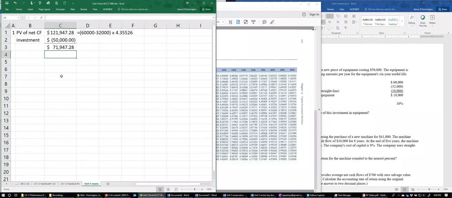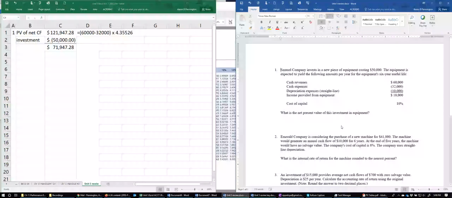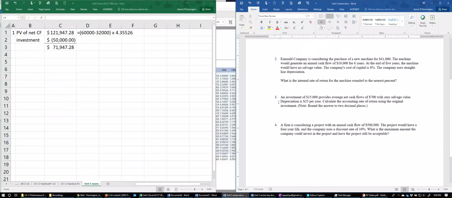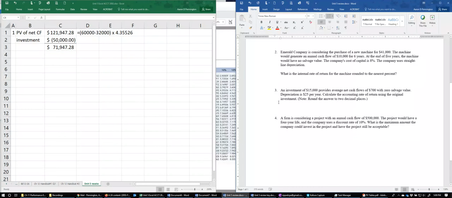So the net present value of this investment in equipment is $71,947.28, and that is positive. So this would add to the bottom line.